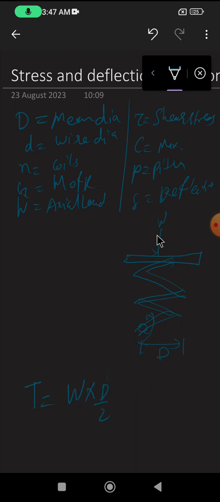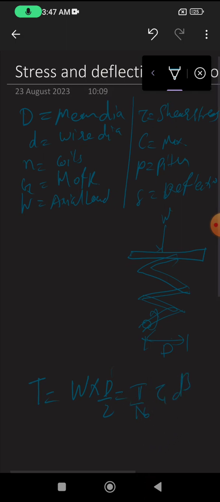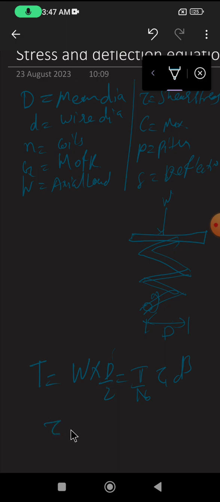This is the torque, which is equal to pi by 16 tau d cube. If we make tau the subject, we get shear stress equal to 8 W D divided by pi d cube.